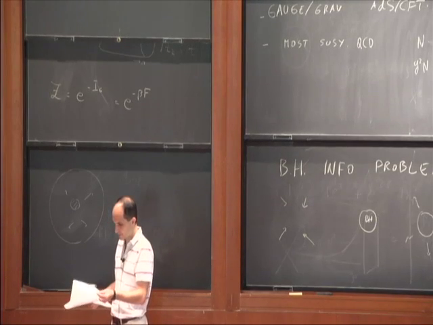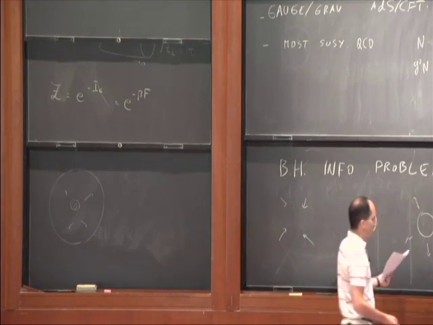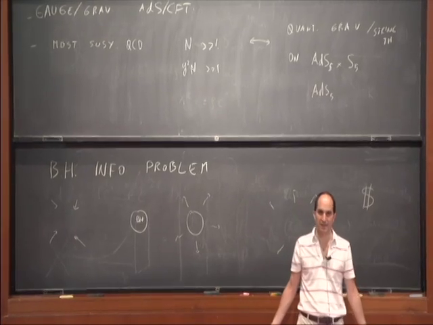Okay, so all that seems to suggest that black holes should evolve unitarily as seen from an observer outside.